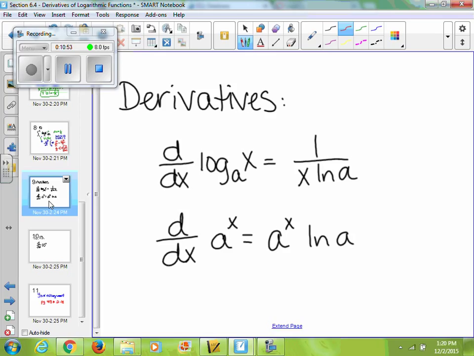Okay, so the derivative of log base a of x is equal to 1 over x natural log of a. The derivative of a to the x is equal to a to the x natural log of a.